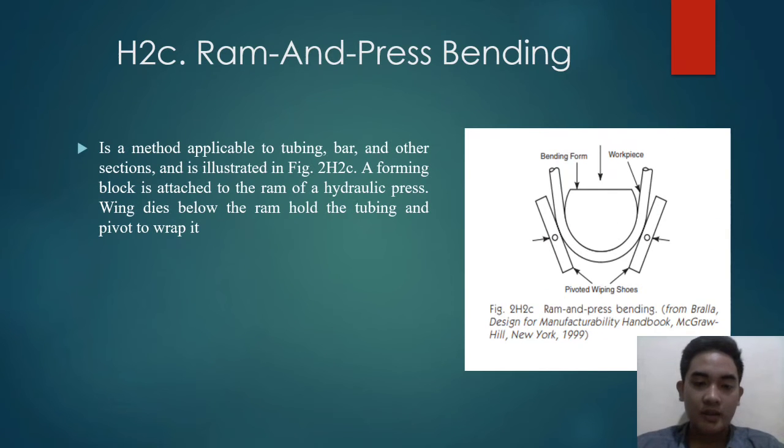Ram and press bending is a method applicable to tubing, bar, and other sections, and is illustrated in 2A 3C. A forming block is attached to the ram of a hydraulic press.